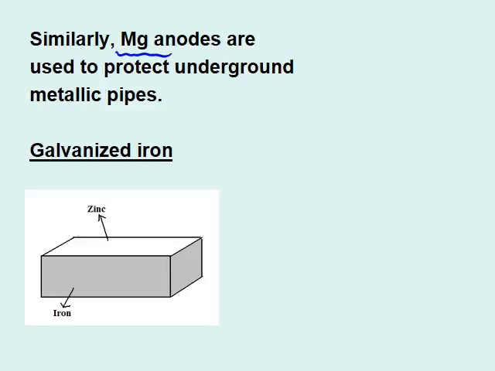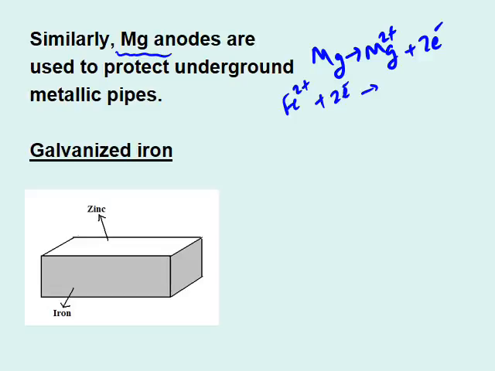Magnesium gets oxidized as Mg2 plus and 2 electrons, and that's going to force Fe2 plus to receive the electron, just like the last example, becoming Fe, and that's going to reduce the concentration of Fe2 plus. Since Fe2 plus is essential for rust formation, that's going to be prevented.